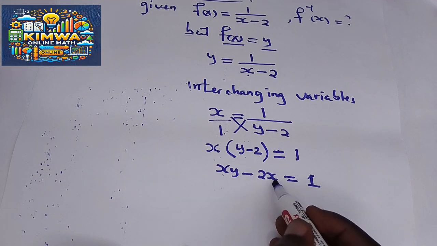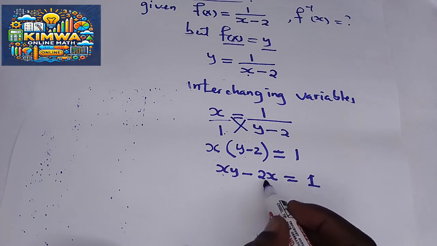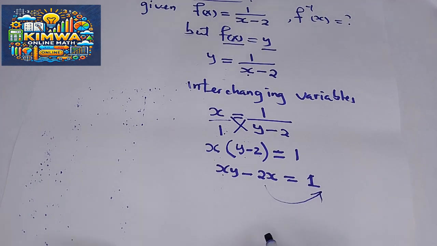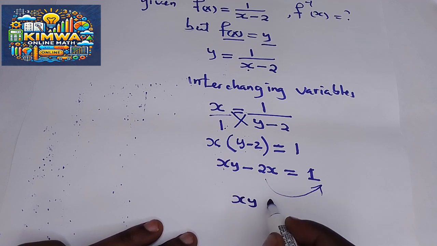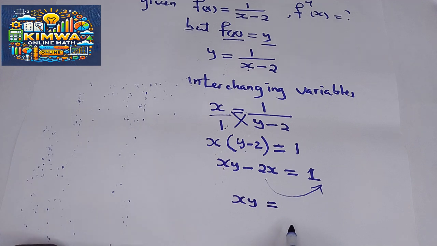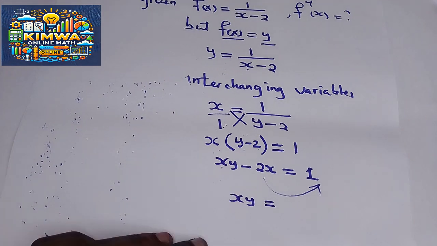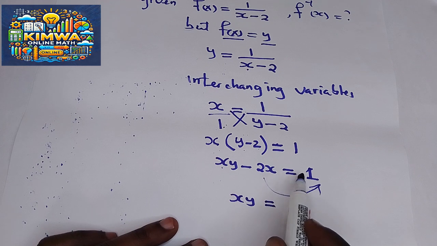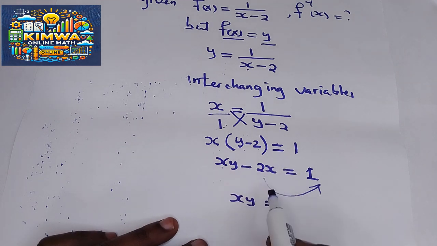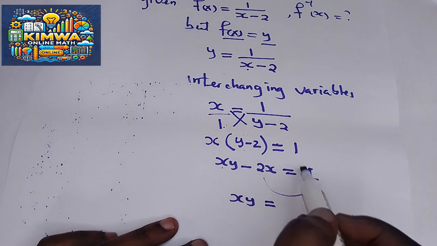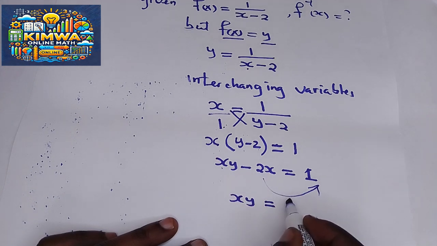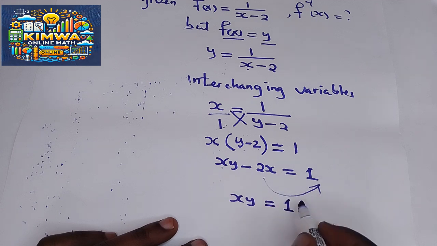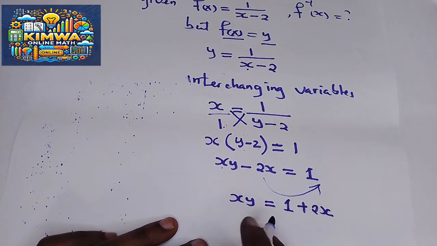So this negative 2x must be shifted to the right hand side. The left hand side will remain with only xy. According to the law of algebra, once you shift a number from one side to the other across the equal sign, its sign must change. If it was negative, it becomes positive. So negative 2x will become positive 2x.